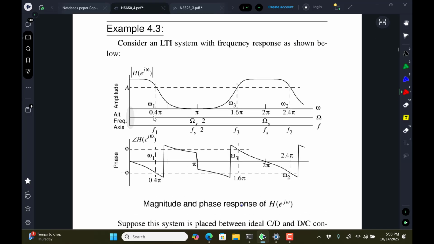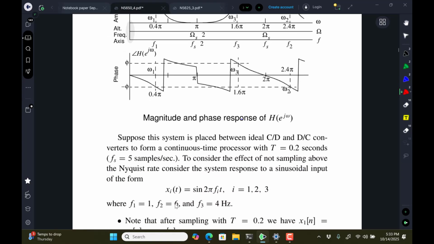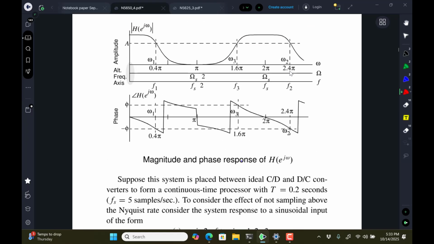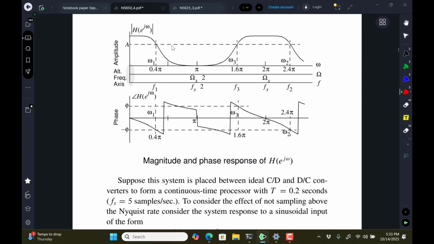F3, the 4 hertz signal, is sitting right up here at 1.6 pi. And then F2, the 6 hertz signal, is sitting at 2.4 pi. All of those are identical, kind of like the example we looked at earlier, where they all alias down to the same frequency.